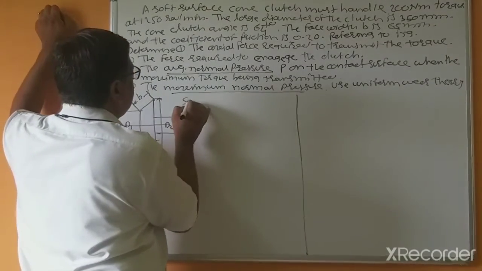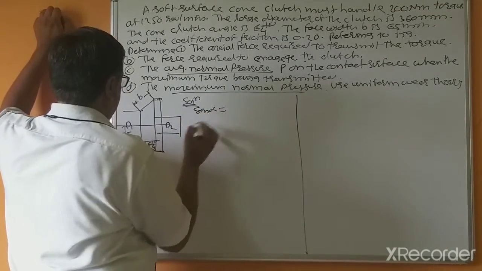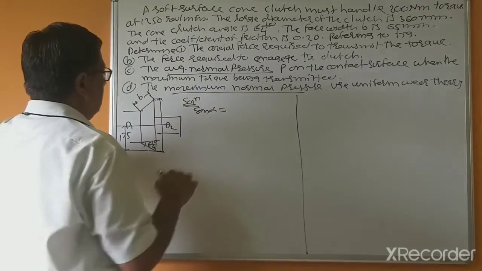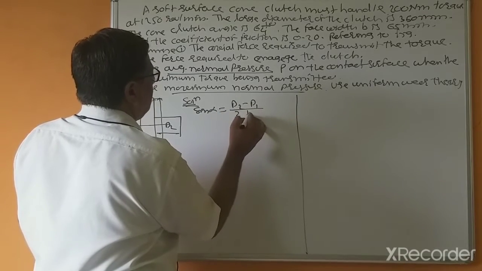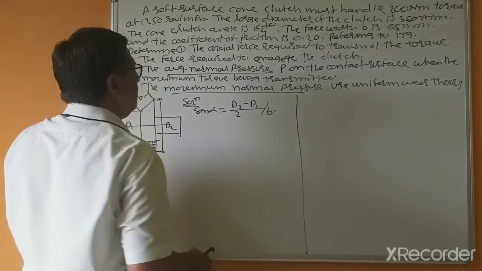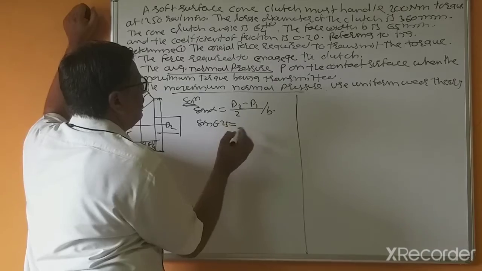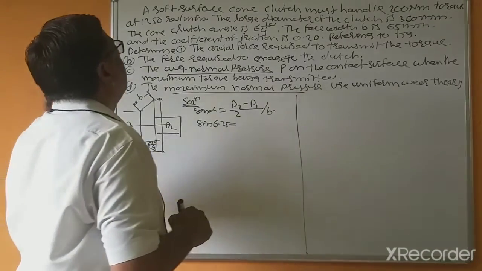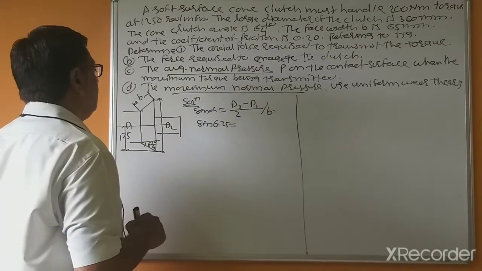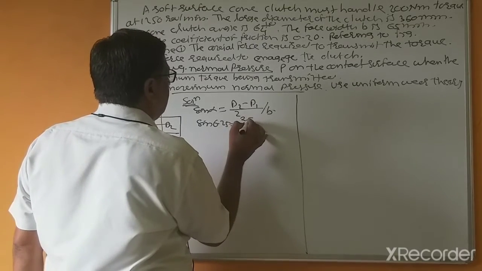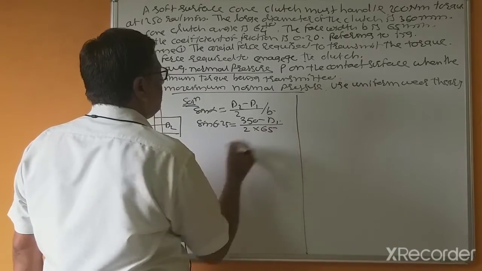So here's the solution. Sine alpha equals outer diameter minus inner diameter divided by 2 into B, so sine 6.25 equals 350 minus inner diameter divided by 2 into 65.